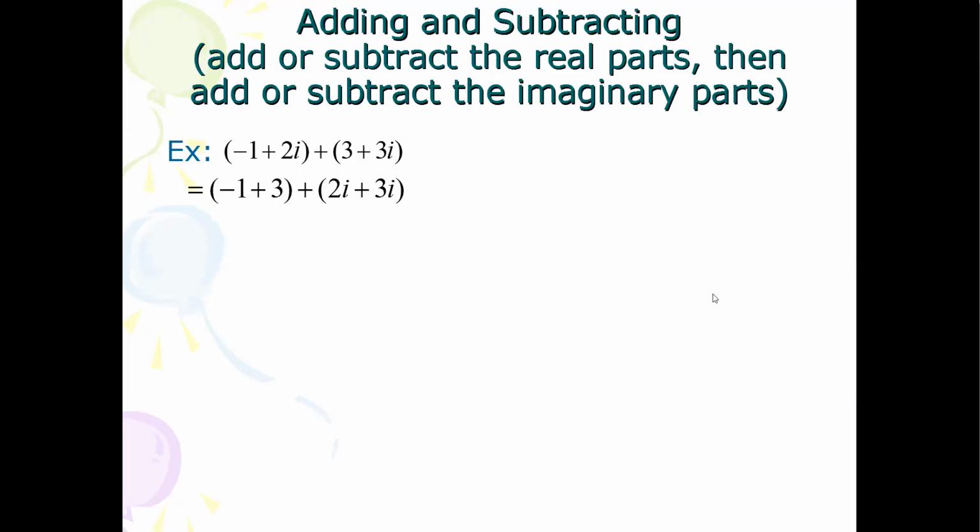Well, you simply add the real parts and the imaginary parts. Just like in the rest of algebra, you add the x's and you add the y's. You can't add the x and y. Same thing here. You add the real numbers and you add the imaginary numbers. It shouldn't be hard. So the minus 1 and 3, you add them, then your 2i and 3i, you add them together.